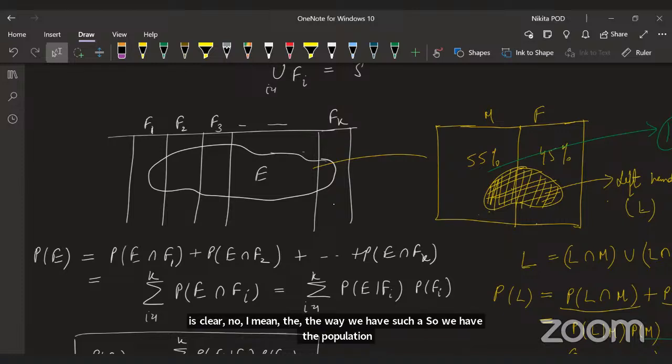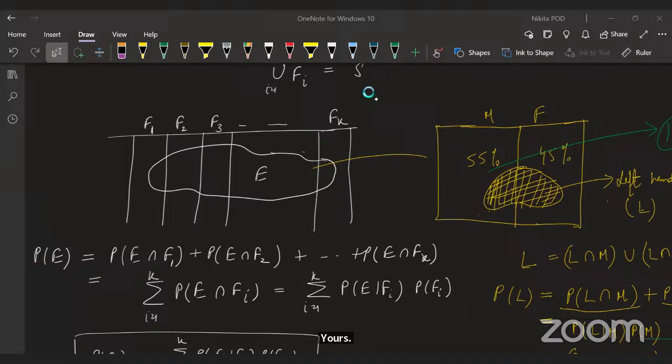Just in this example, it is dependent, because first we have male and female, and being left-handed depends on male. That is true. That's why I am asking about the dependent and independent case.